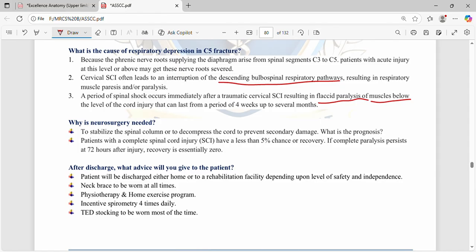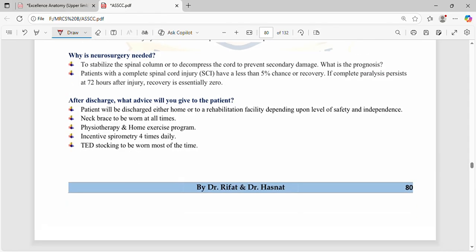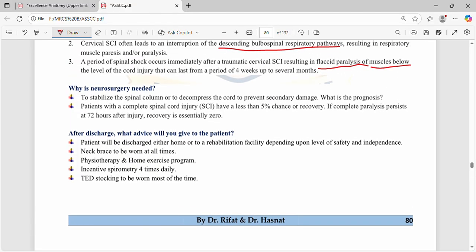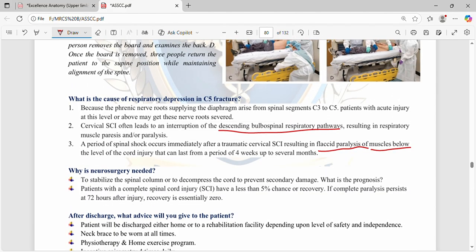The patient will be discharged either home or to a rehabilitation facility, depending upon the level of safety and independence. Neck brace to be worn at all times, physiotherapy, home exercise program, incentive spirometry 4 times daily, TED stockings to be worn most of the time, because spinal cord injury patients are always bedridden, so they can have events of thromboembolism.